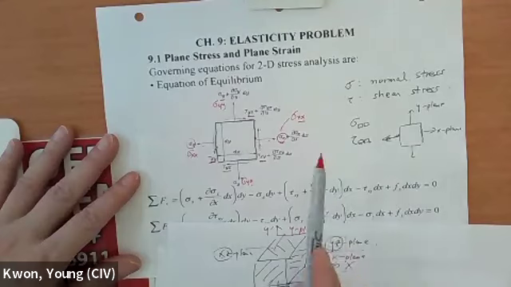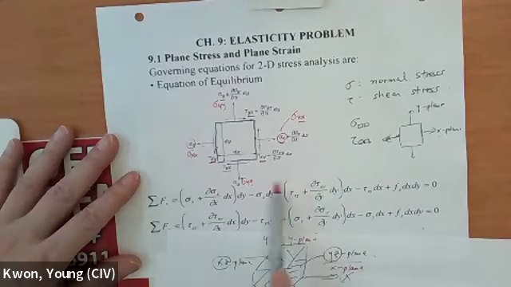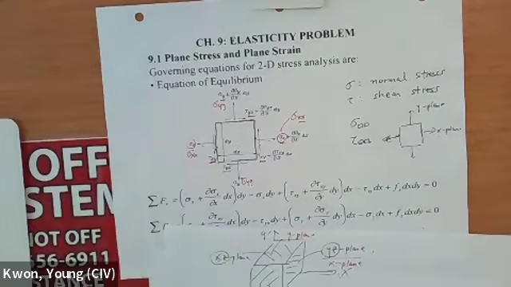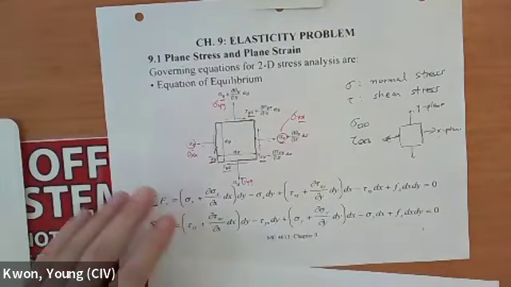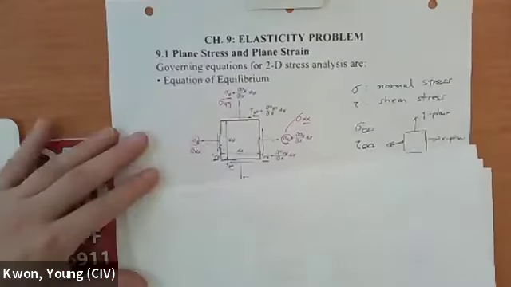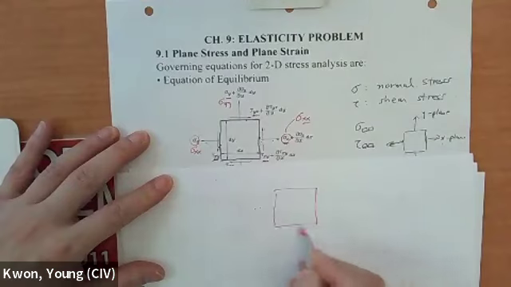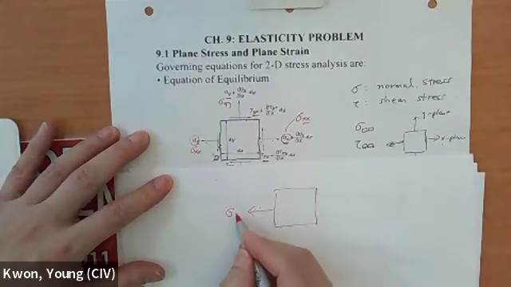All right, then to complete this so-called free body diagram, let me redraw this picture one more time. I have sigma x, equal to sigma xx.